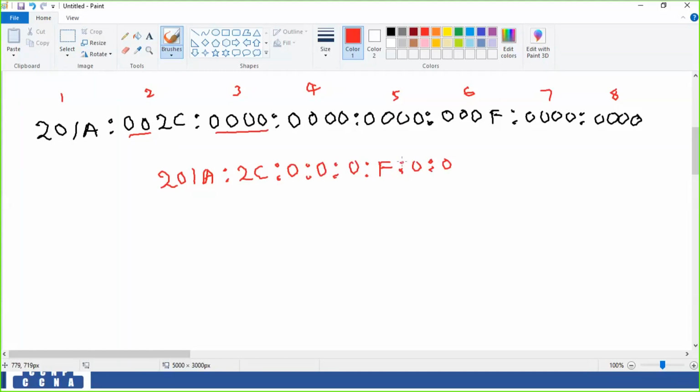Rule number 3 is multiple fields of zeros. Two fields are zeros, 3 fields are zeros, 4 fields, 5 fields, 6 fields. Multiple fields of zeros are represented with a double colon.